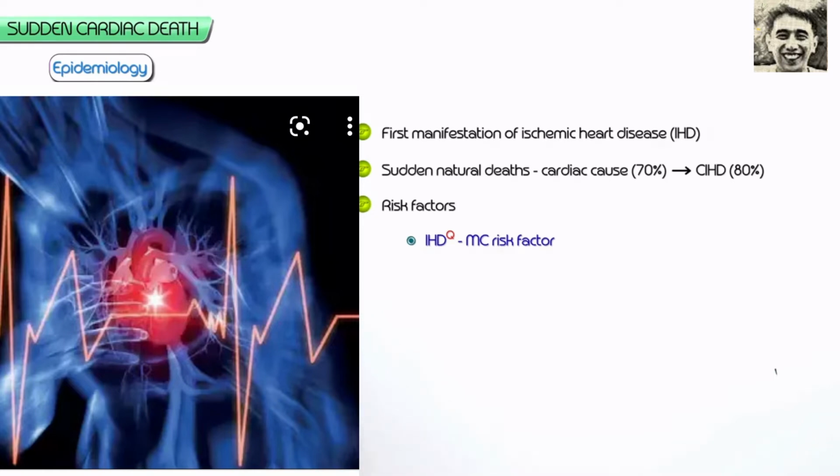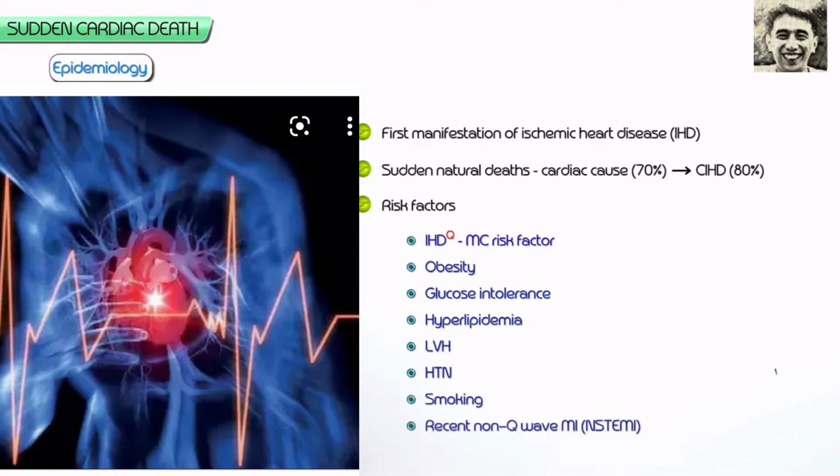These precipitating factors include obesity, glucose intolerance, hyperlipidemia, left ventricular hypertrophy, hypertension, smoking, or a recent non-Q wave MI, which is also called non-ST elevated MI. All these precipitating factors may lead to sudden cardiac death.